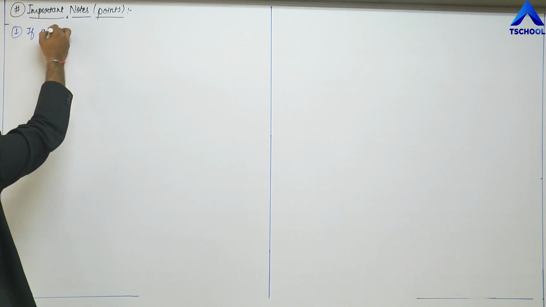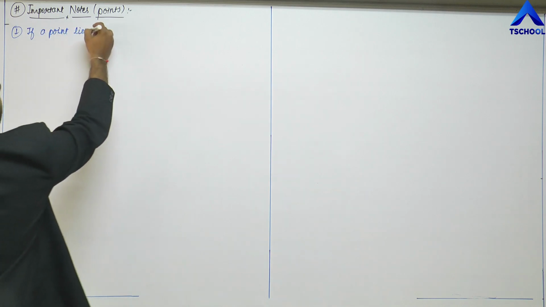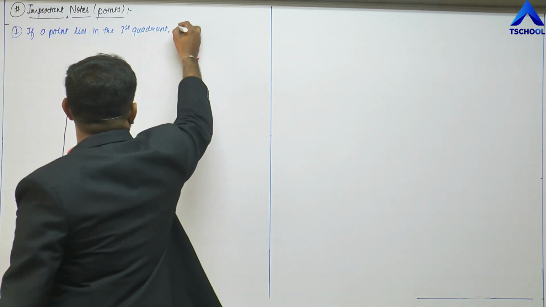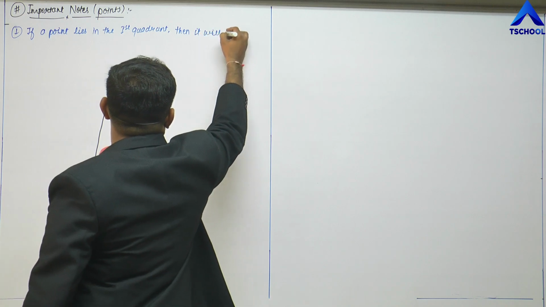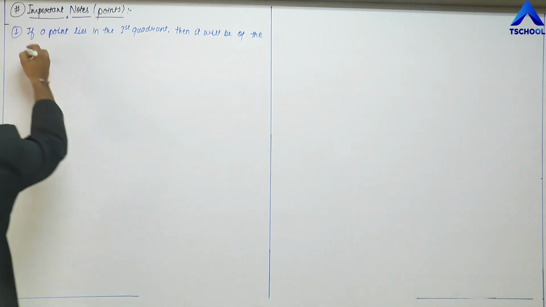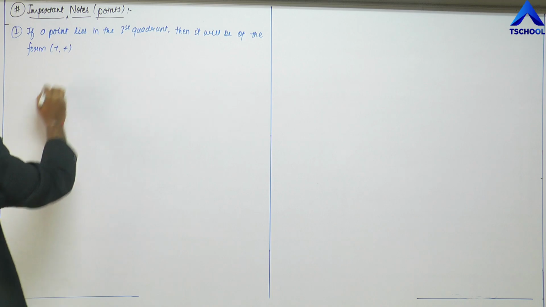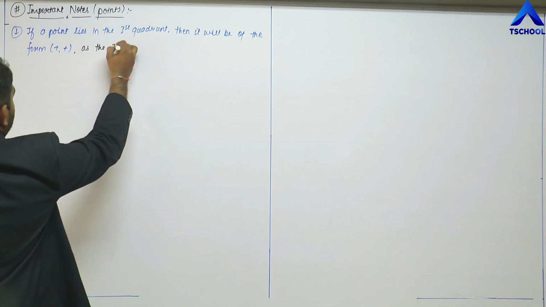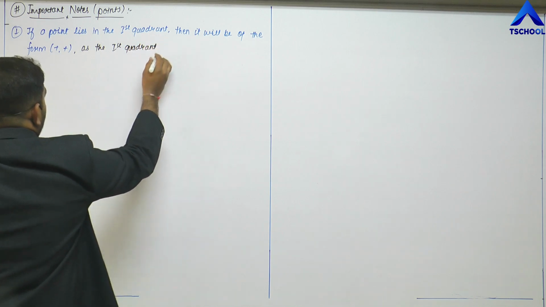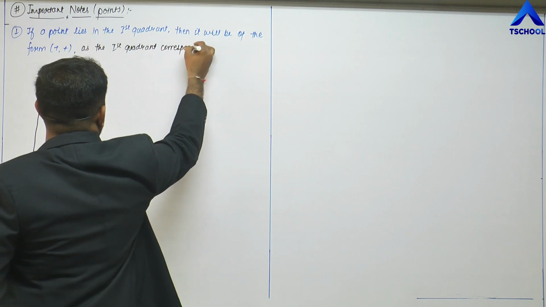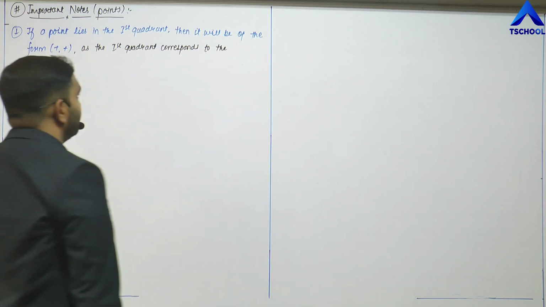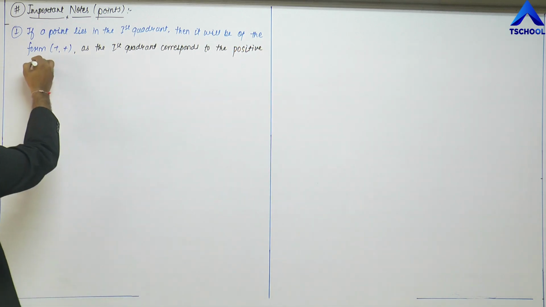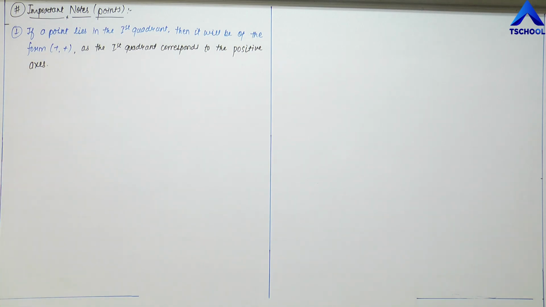First one, if a point lies in the first quadrant, then it will be of the form plus plus, as the first quadrant corresponds to the positive axes, right?